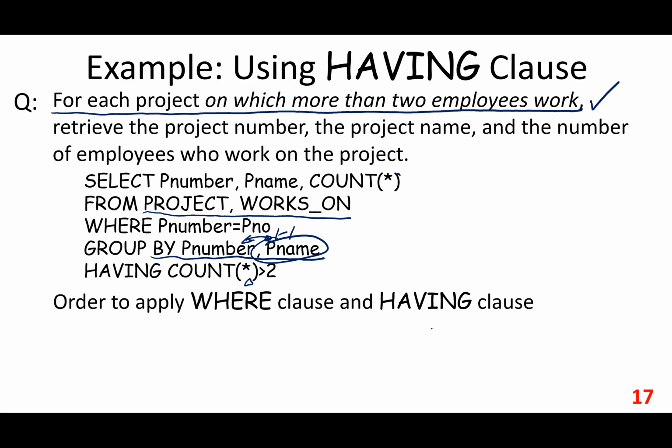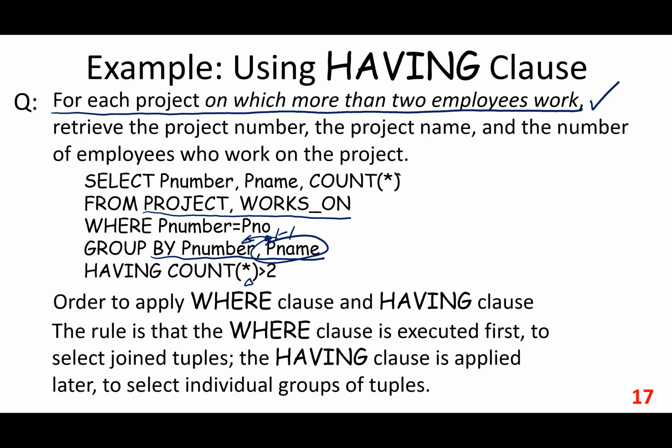And at the end, we apply some special condition with having clause. The rule is that the where clause is executed first to select joined tuples. The having clause is applied later to select individual groups of tuples.